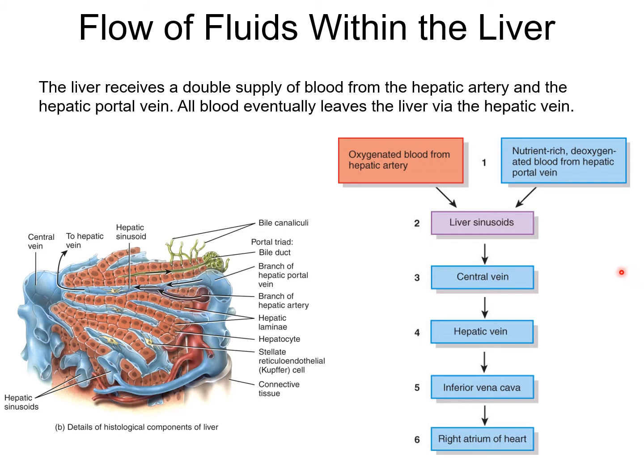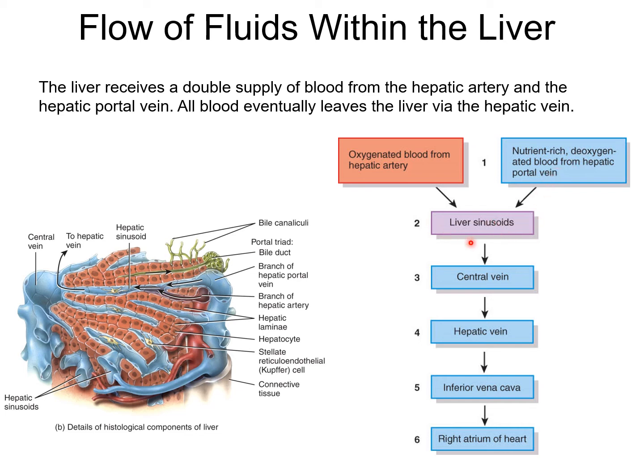So this is the schematic of the blood flow. We have mentioned this term sinusoids way back in the blood vessel chapter. Sinusoids are capillaries that have like Swiss cheese appearing sidewalls. So blood flowing through the liver sinusoid is a mixture of blood from hepatic artery and blood from hepatic portal vein.